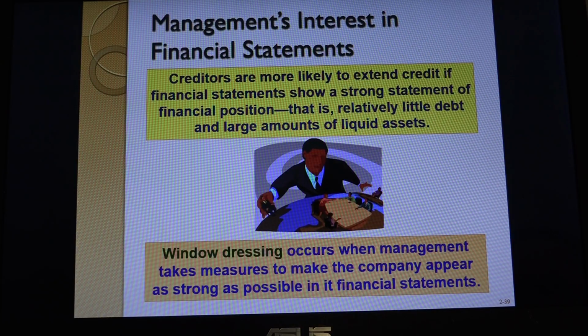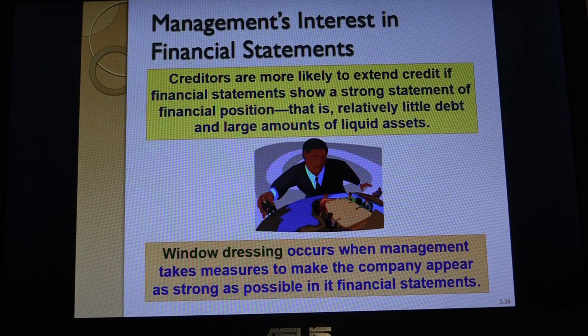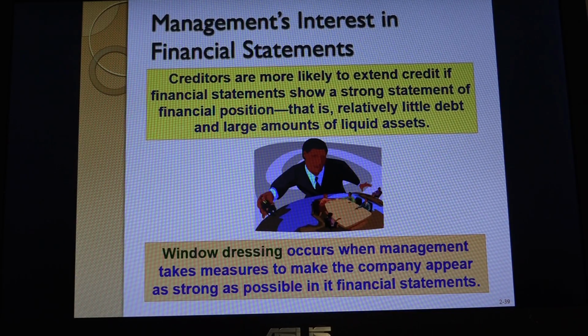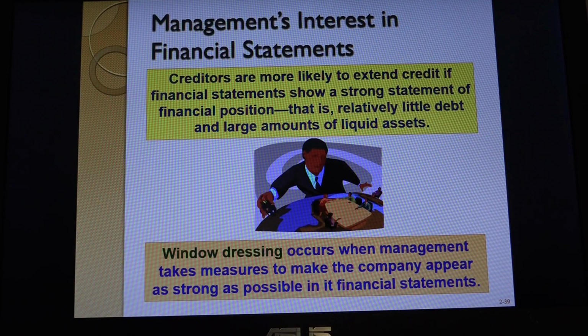They talk about window dressing. I guess you might have that where, let's say you come up to the end of the year and you need to show some more liquidity.